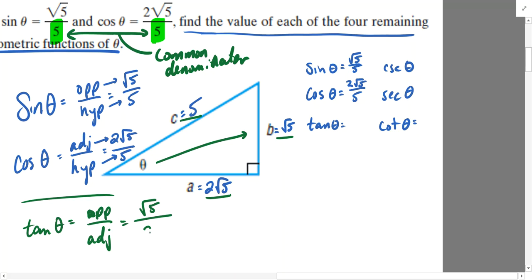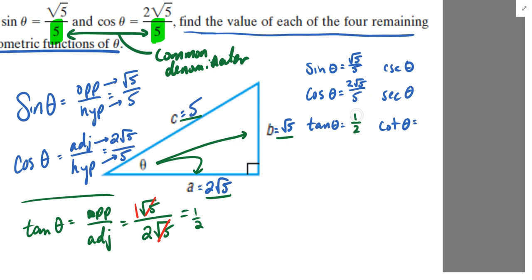The adjacent side length is 2 radical 5. So opposite divided by adjacent gives us radical 5 over 2 radical 5. When we simplify this fraction, we see that the radical 5's cancel. We're left with 1 over 2. So the ratio of tangent theta is equal to 1 over 2.